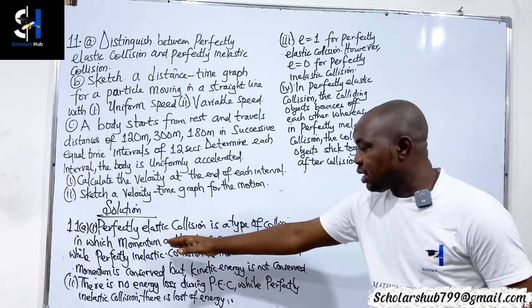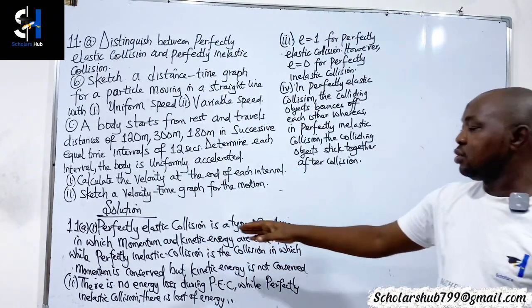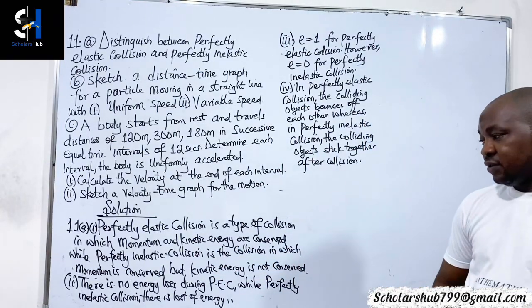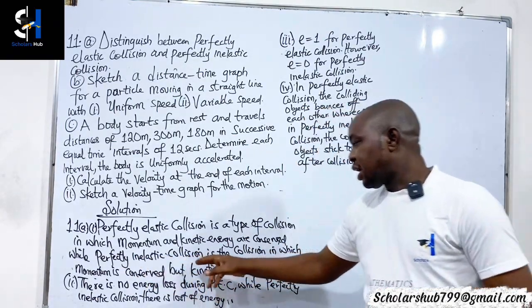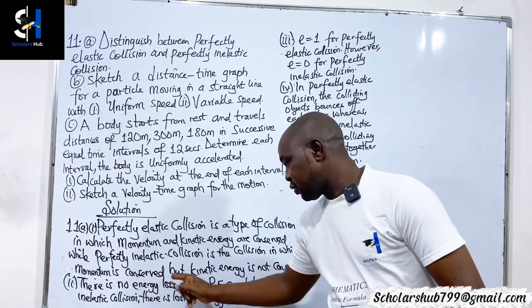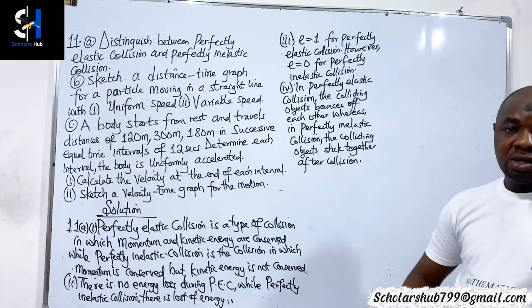So perfectly elastic collision is a type of collision in which momentum and kinetic energy are conserved, while perfectly inelastic collision is the collision in which momentum is conserved but kinetic energy is not conserved.